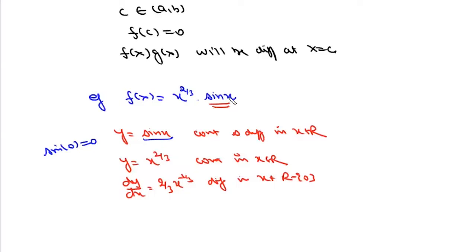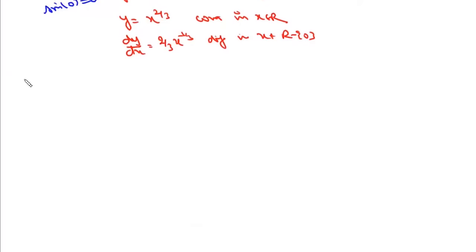So basically this function sin x is a differentiable function whose value is 0 at 0, and this x to the power 2/3 is a continuous function. So this product x to the power 2/3 into sin x will be differentiable at x equal to 0.